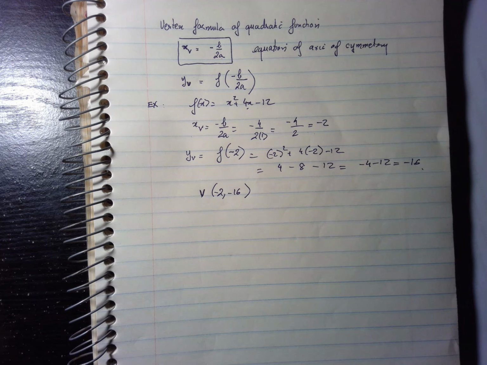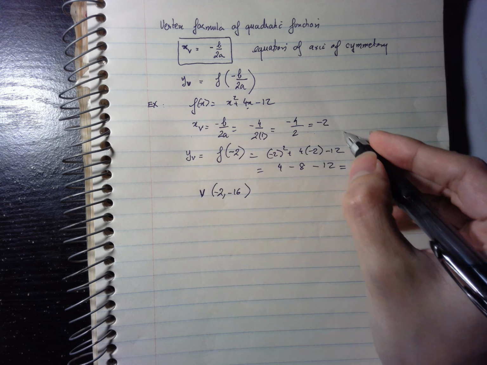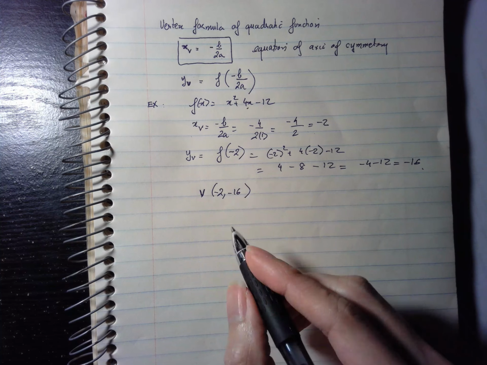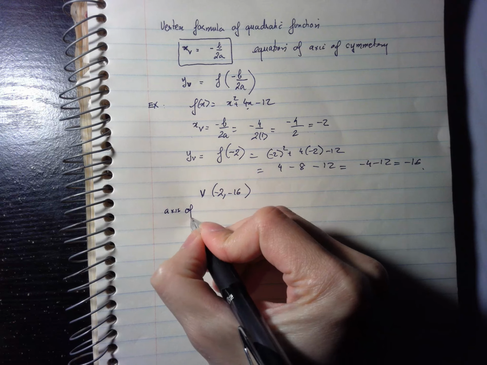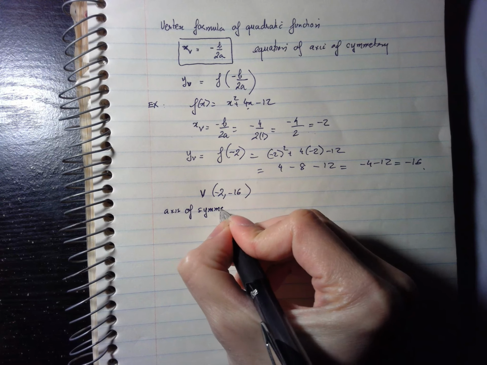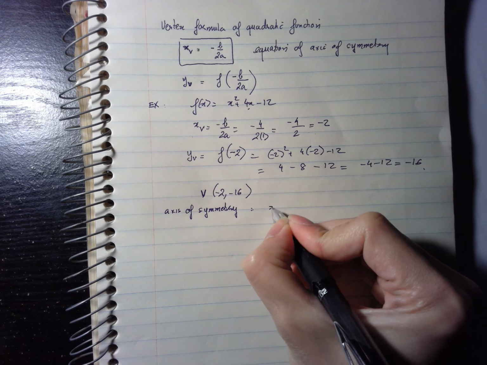Okay, so this will be very simple. After we got the coordinate of the vertex point, we can find the axis of symmetry, the equation of the axis of symmetry. It will be x equal to negative 2.